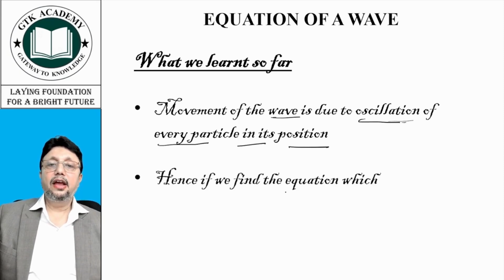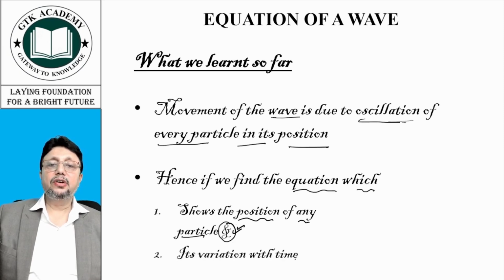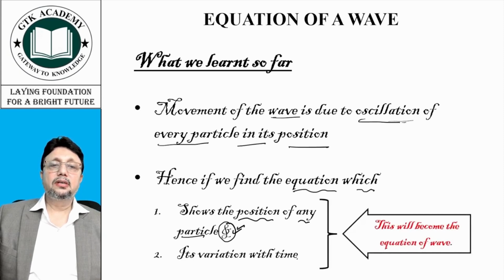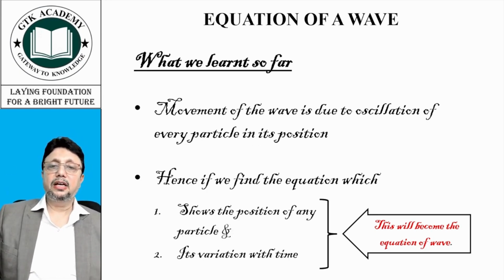Hence, if we find the equation which shows the position of any particle, and please note it, its variation with time, this will become the equation of wave. That's all.